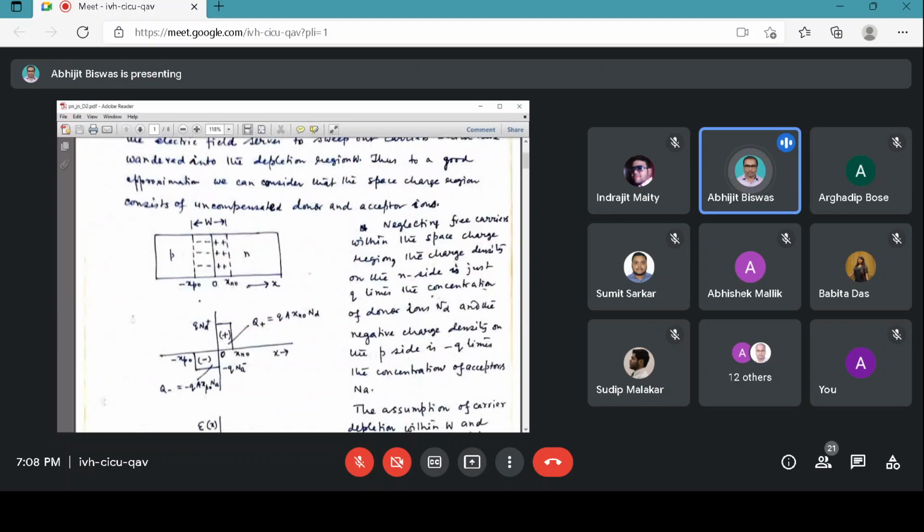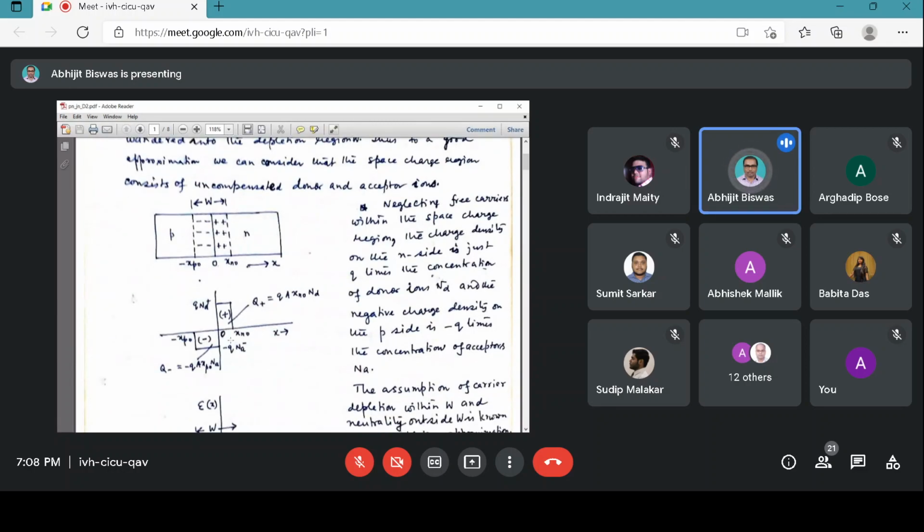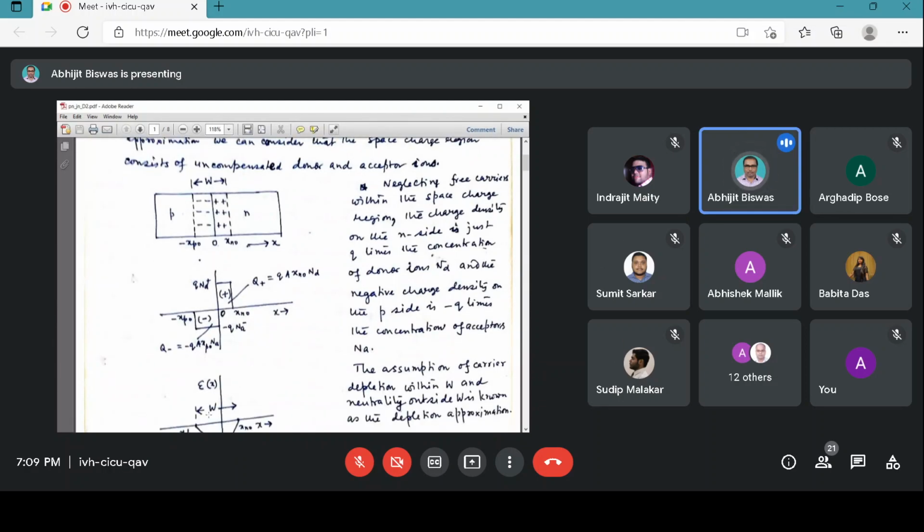Yes, sir. Clear. Okay. If we consider the charge in the depletion region on the p side, that can be similarly computed using the relationship Q minus equal to minus q A xp0 into Na.